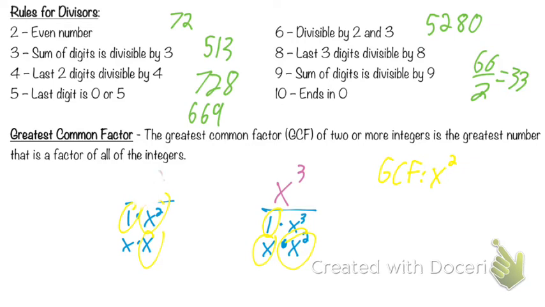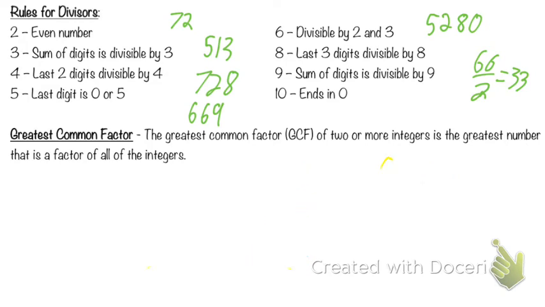So we can change things up a bit and say, okay, if I give the numbers 8x and 10x squared, what could I say is the GCF of these two things? What's the greatest common factor of 8 and 10?